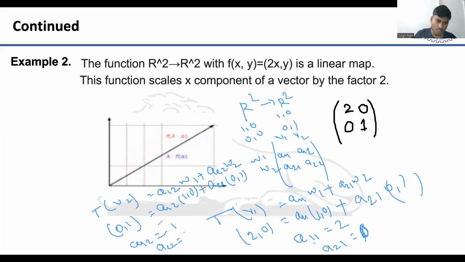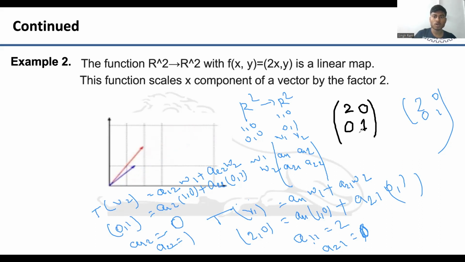So A12 will be 0 and A22 will be 1. The matrix form will be 2 0 and 0 1. This is the way we can find the matrix of a linear transformation. This is all, right? Okay, thank you.